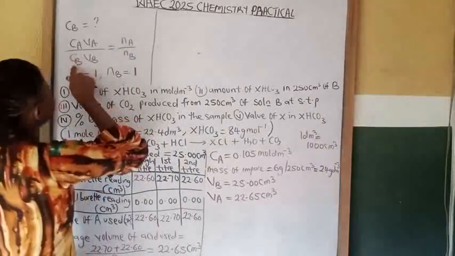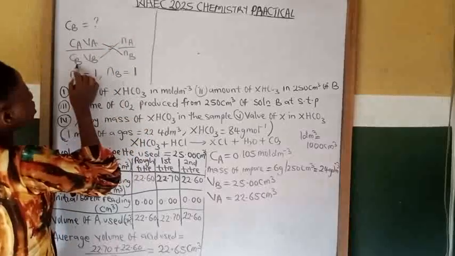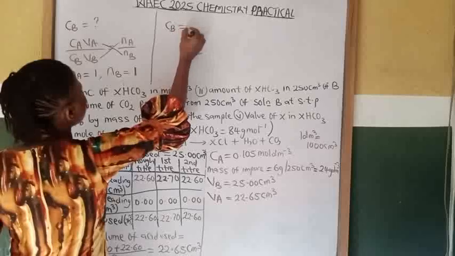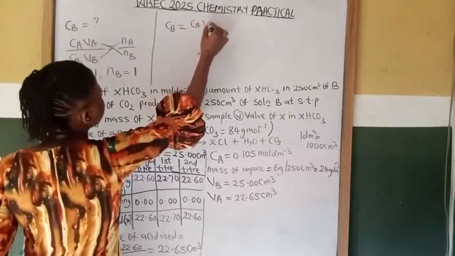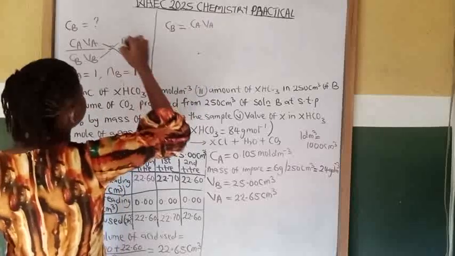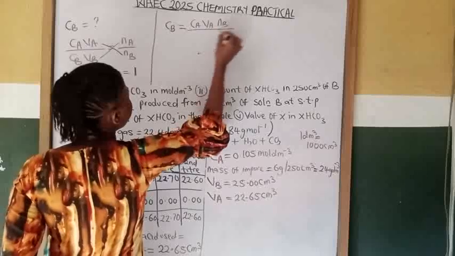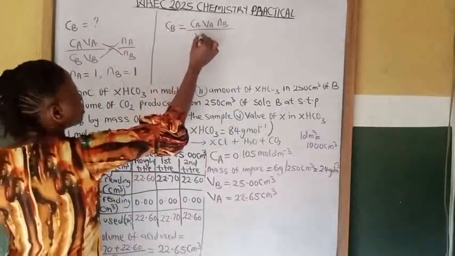So make Cb the subject of the formula, you cross multiply. So I'm looking for Cb. It will give me Cb will be equal to CaVaNb divided by VbNa.